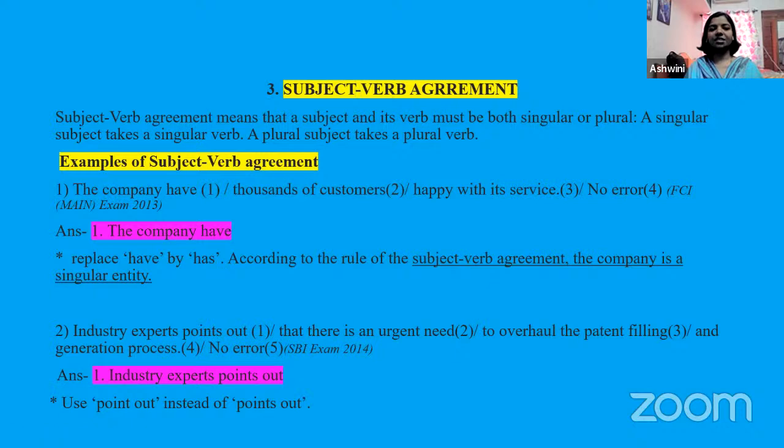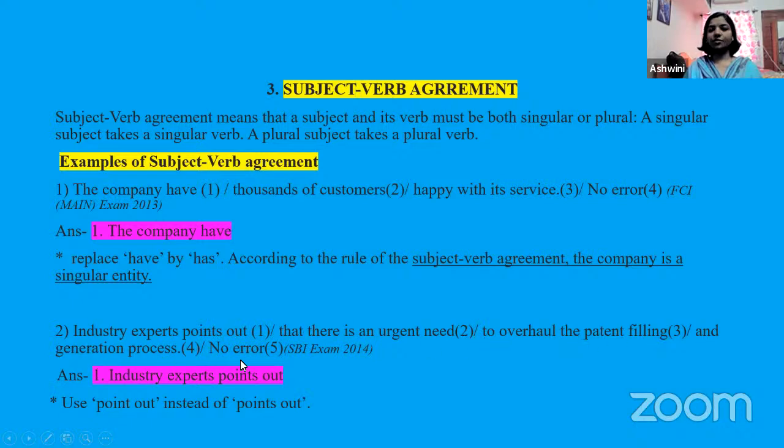The company is a singular entity, so that's why we can use singular verb for the company. Okay, now यहाँ पे क्या होना चाहिए? Has.